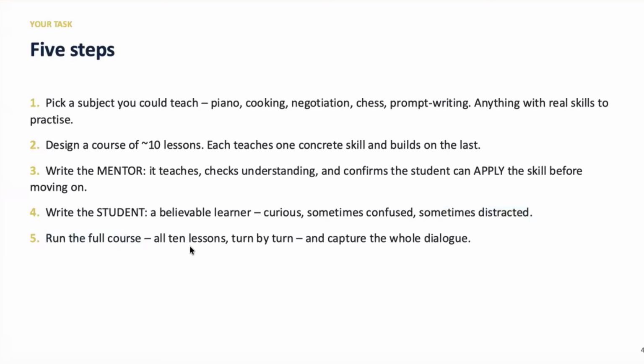And then you run the full course. You write an orchestrator that runs one by one. So it runs the mentor, then it runs the student, and then the mentor and student. And so you build a dialogue, and at some point the mentor says, "Okay, finished."